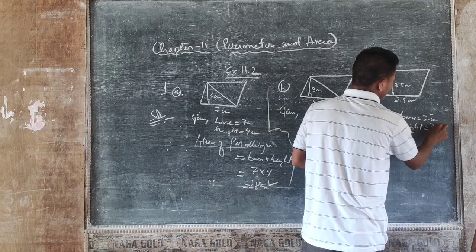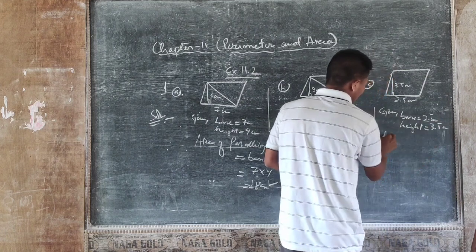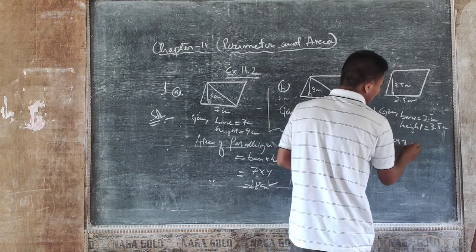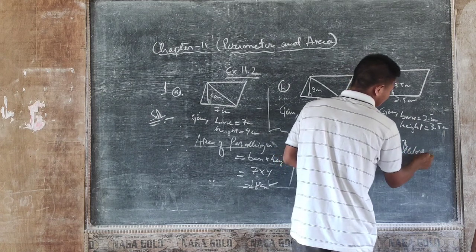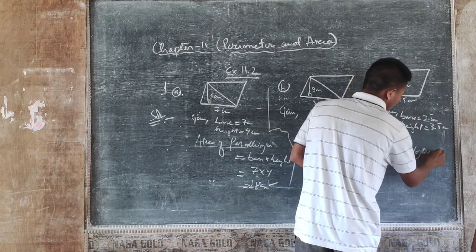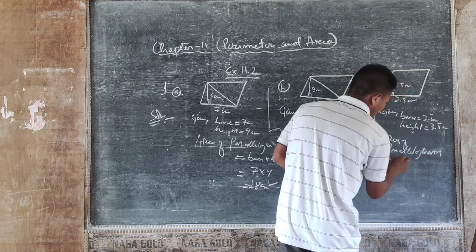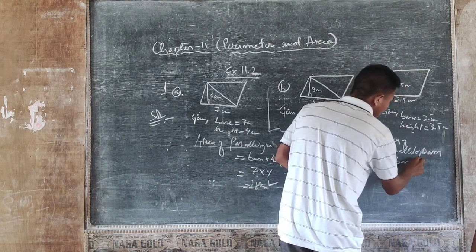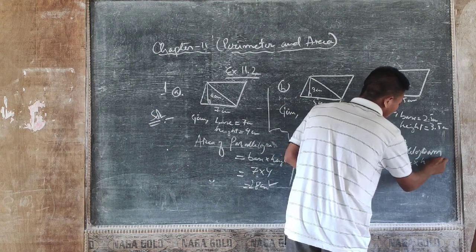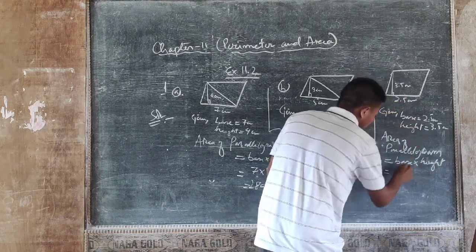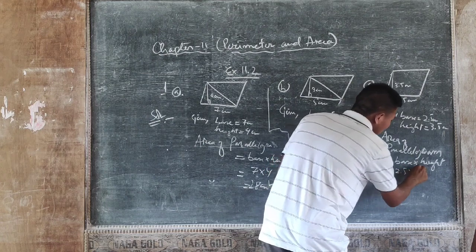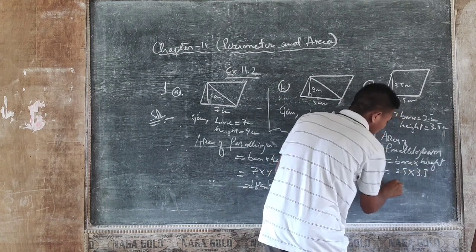And for this C, we are given base is 2.5 cm, height is 3.5 centimeters. So the area of parallelogram will be base into height. So base here is given 2.5 into 3.5.